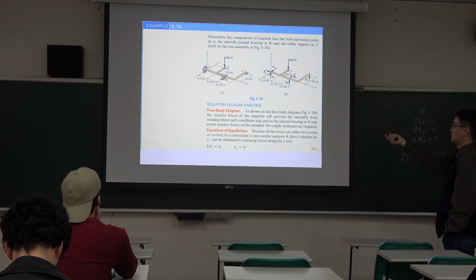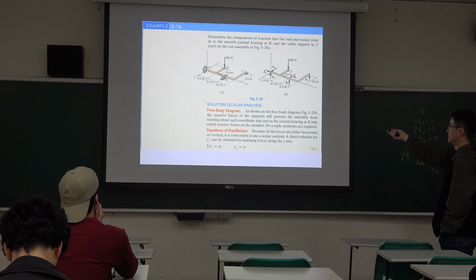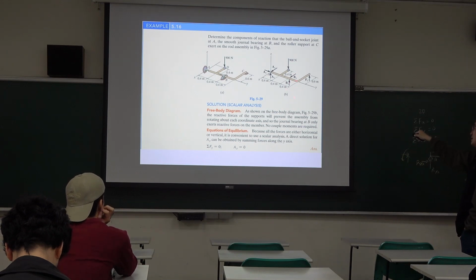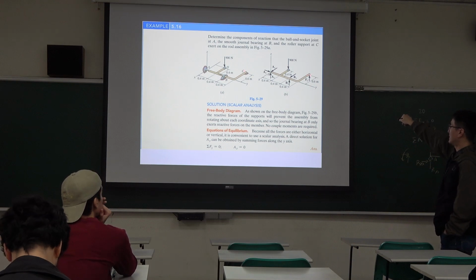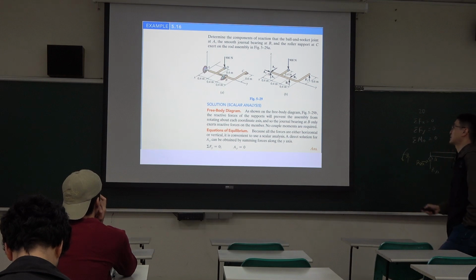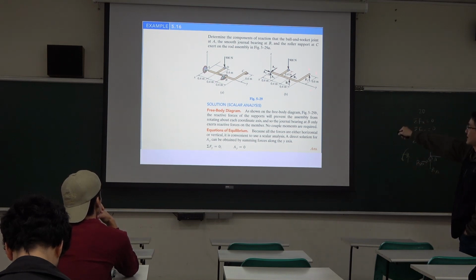Okay, the ball and socket has 3 different directional forces, and the journal bearing has 2: horizontal x-axis and vertical z-axis reactions. And here is the roller support, so only the normal direction. So the normal direction is the z direction. Okay, then the external loading is 900 here. Okay, the free body diagram looks like this.